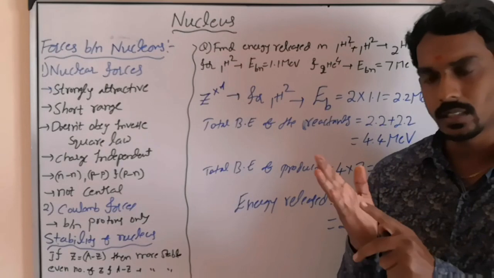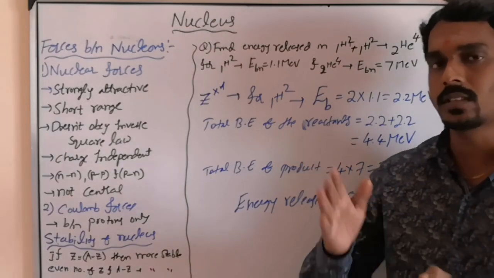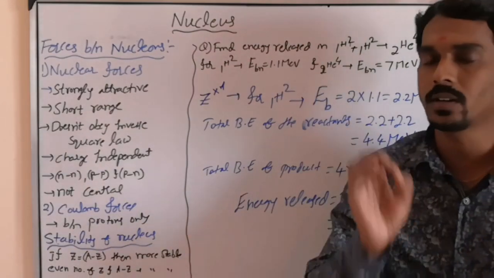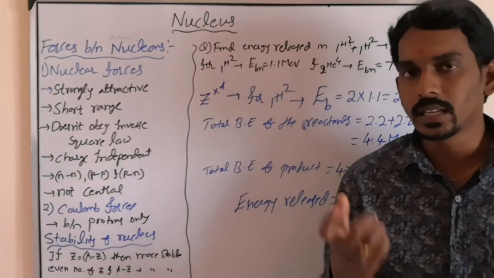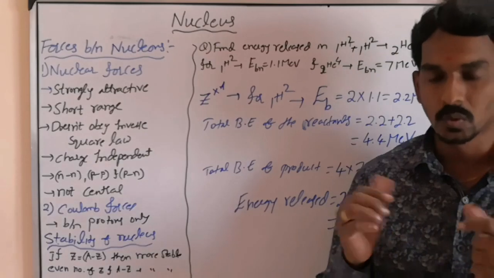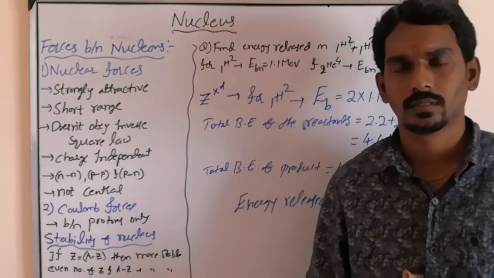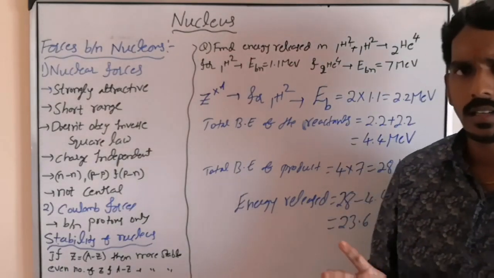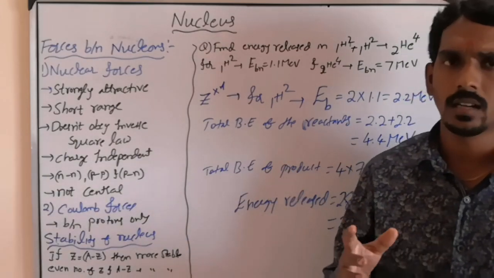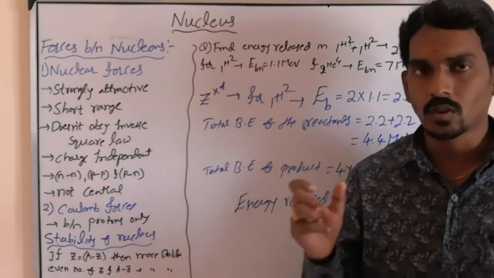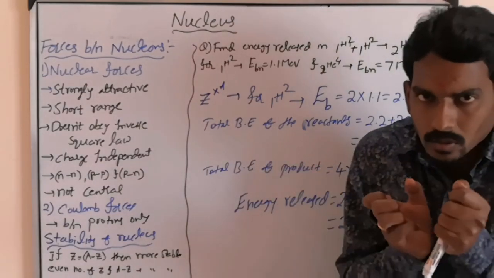See, one thing if you consider: proton, as we already studied in electrostatics, is a positively charged body. But neutron, the name itself is saying, is neutral, no charge. But still, they are tightly bound within the nucleus. There must be some strong attraction forces, that's why they are together.